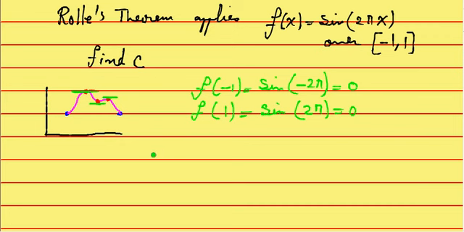So if you remember the graph of sine, it's going to look like this. Suppose this is -1 and this is 1, so this is 0. The argument is going to run through -2 pi to 2 pi.